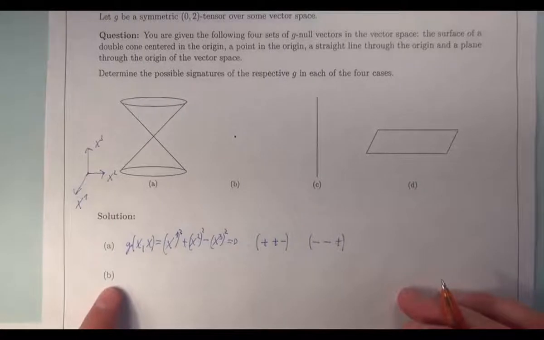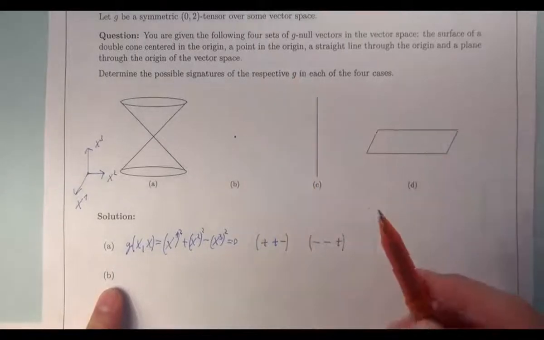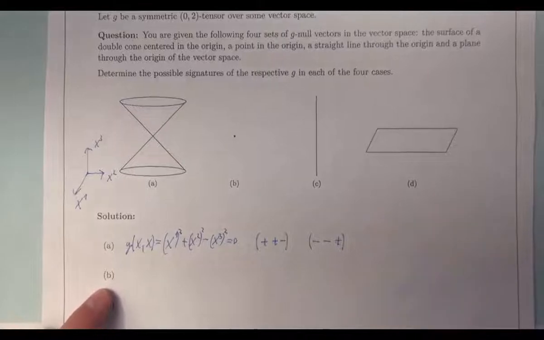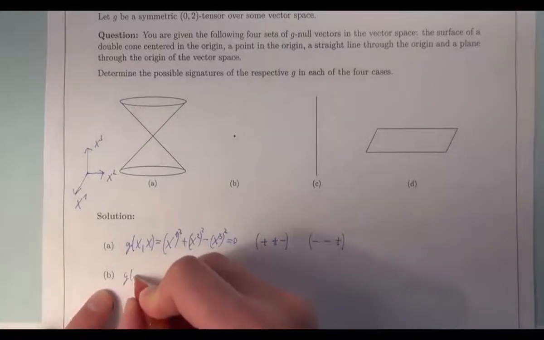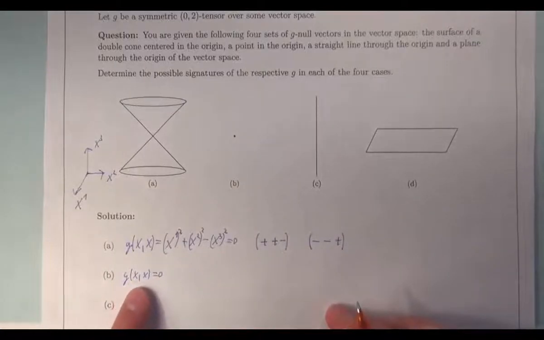Case B. In case B, we just see that the g-null vectors are the point in the origin. What does that mean? That means that we only want g of x equals 0 for the null vector.